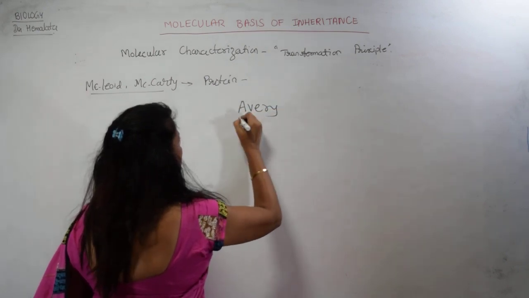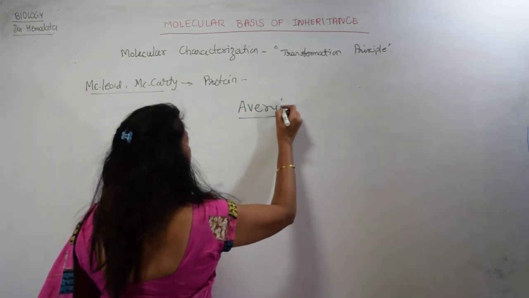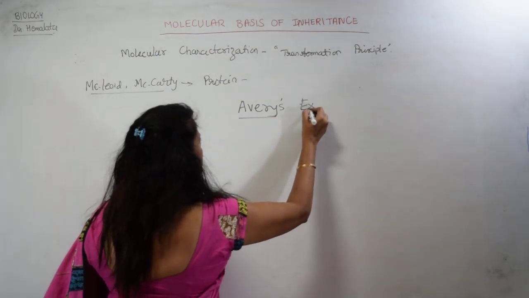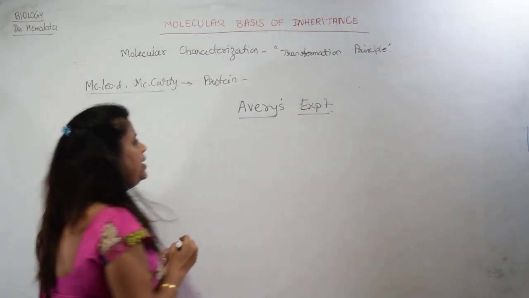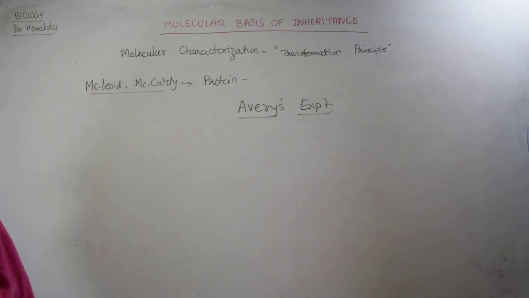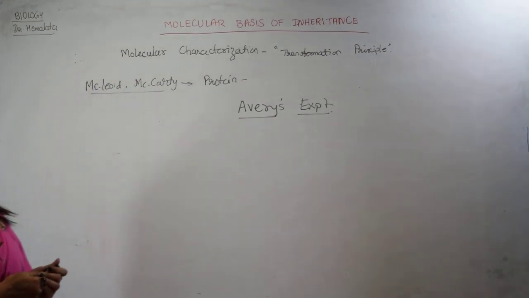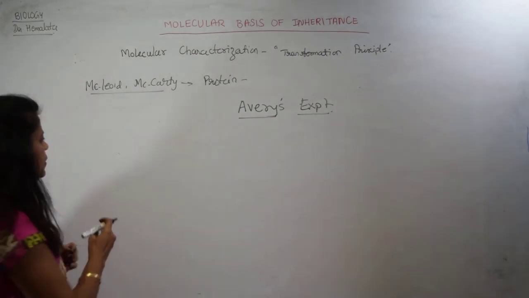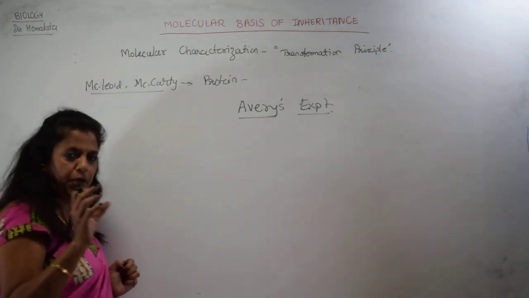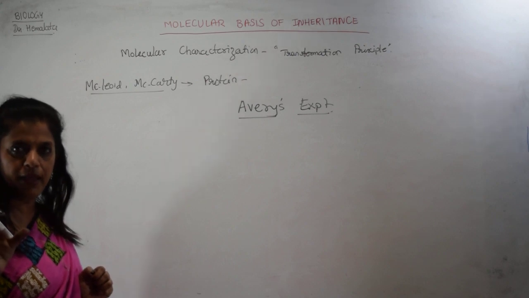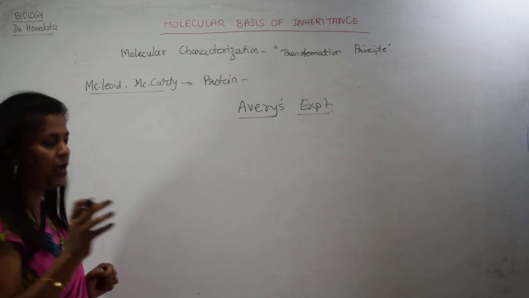Now I will give you Avery's experiment. He proved what exactly the transformation principle is, with a different type of approach. What he did was, he separated the proteins, RNA and DNA from the S strain bacteria.